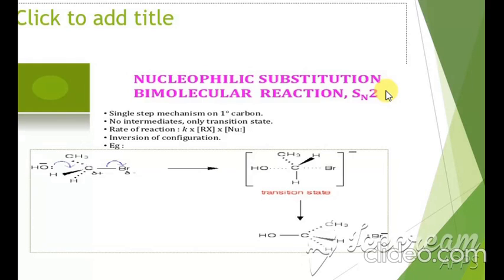The second most important aspect of this nucleophilic substitution reaction is the stereochemistry, the configuration of the molecule. For example, if you look at the configuration of this molecule, there is a primary alkyl halide, and the carbon has sufficient space, sufficient room for the attack of the hydroxyl group.